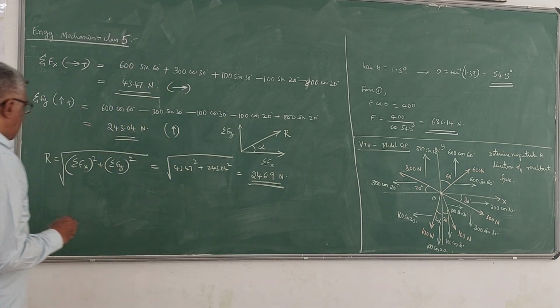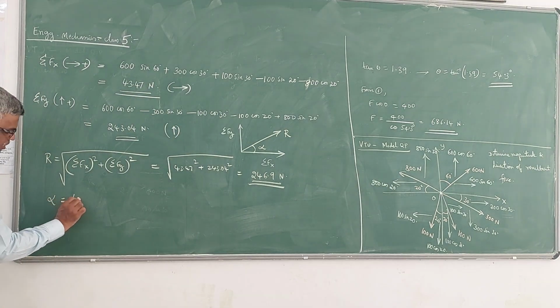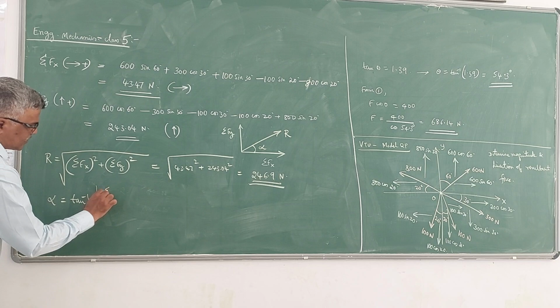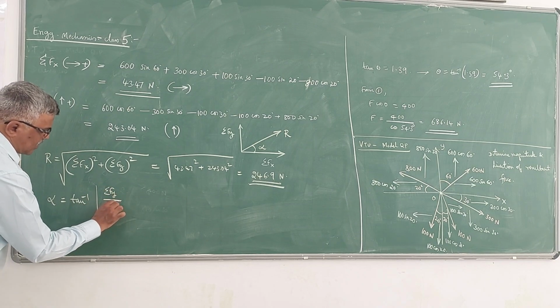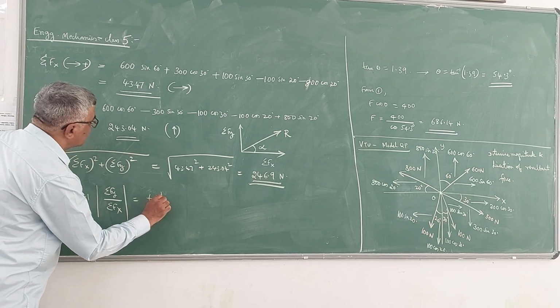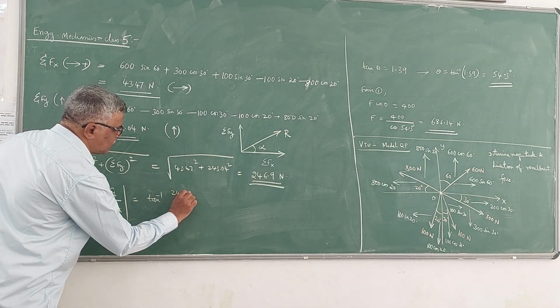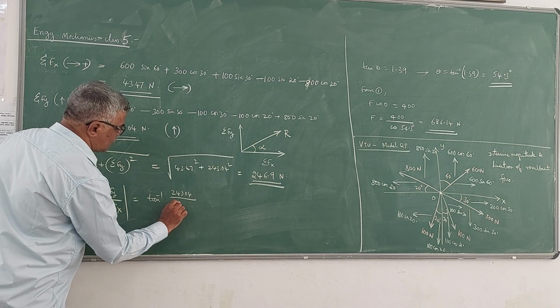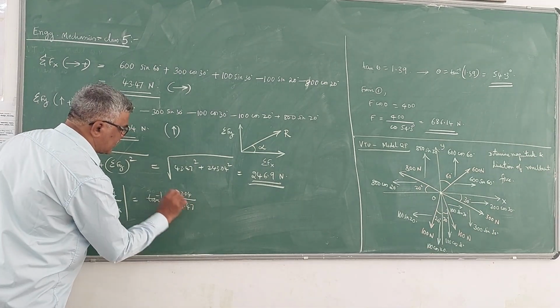Direction of resultant alpha is given by tan inverse of modulus sigma fy by sigma fx, which is tan inverse of 243.04 divided by 43.47.